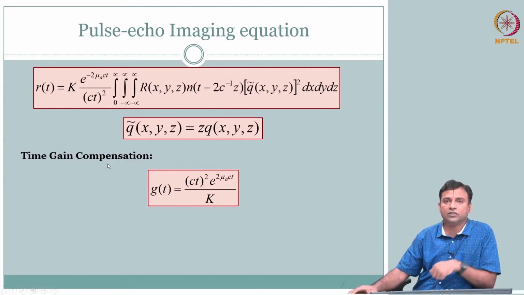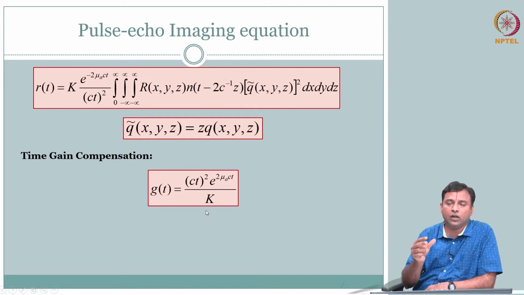There are several ways instrumentation is given, but essentially this is implementable as a separate unit called time gain compensation. In some places this will also be referred to as depth dependent compensation, because time and depth are related, as I will make explicit now.